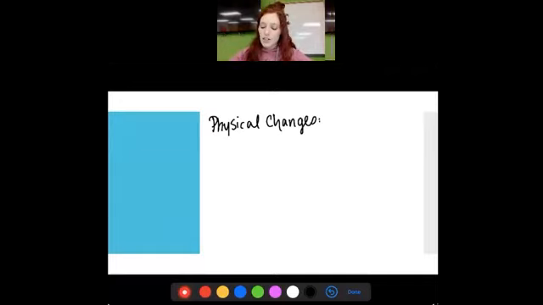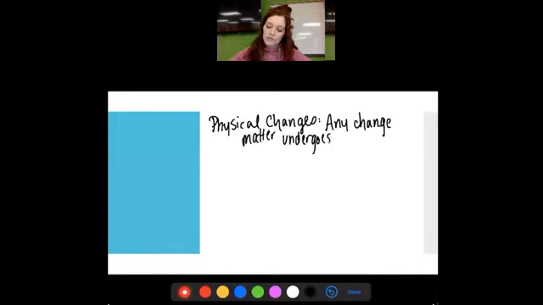A physical change is any change matter undergoes that does not change its identity.